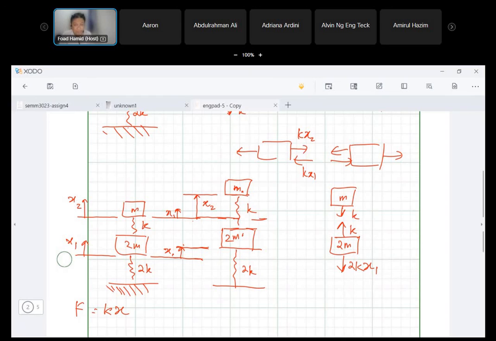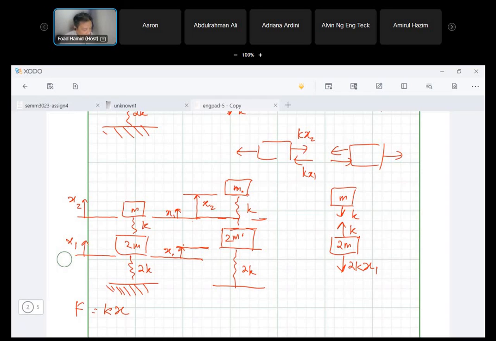Now, the problem here is, what is the displacement of the top mass? Is it x2? Is it x1 minus x2? Is it x2 minus x1? So look at this.